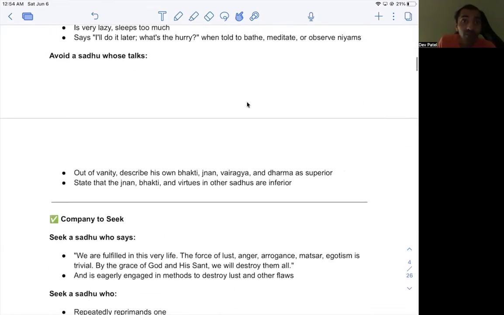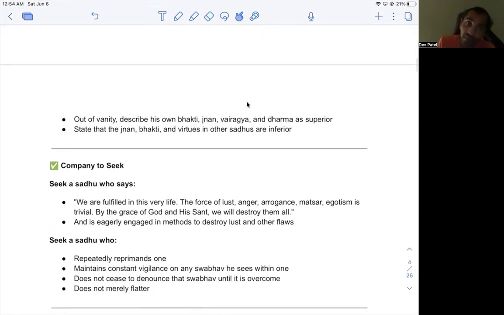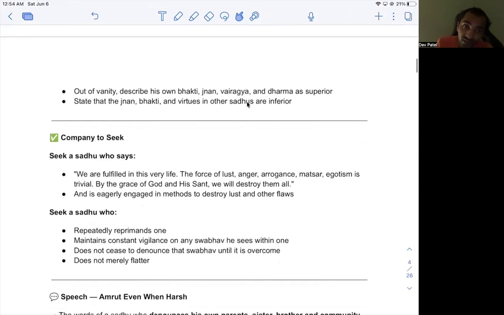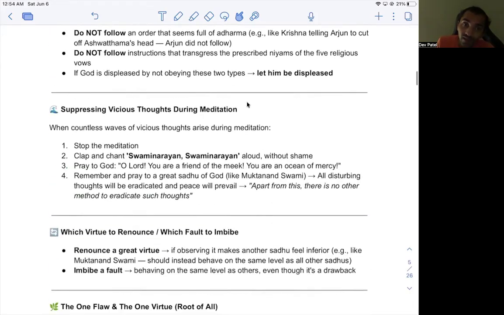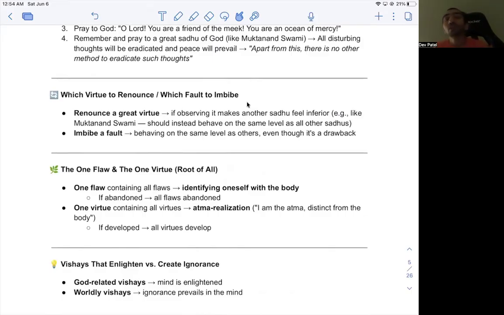These are the sadhus whose talks you should also avoid. The company you should seek is the sadhus who constantly criticize themselves and maintain constant vigilance on any swabhav. One flaw that contains all the flaws is identifying oneself with the body. One virtue containing all virtues is Atma realization.